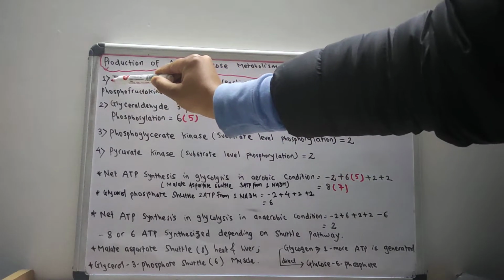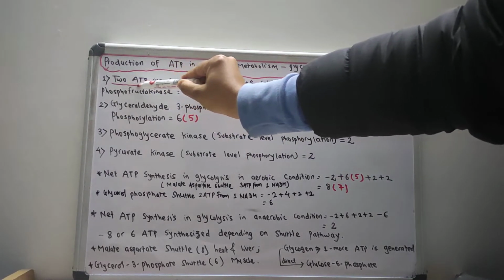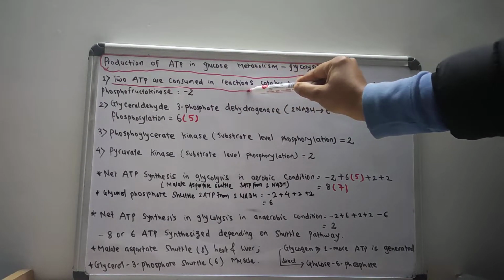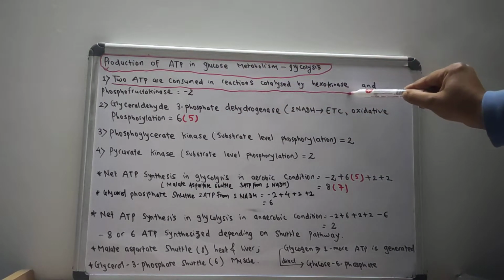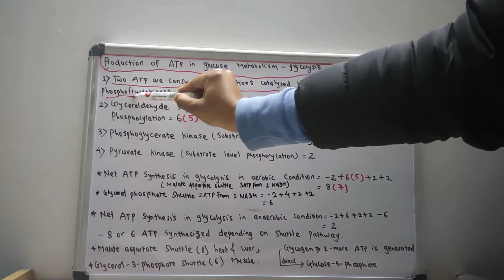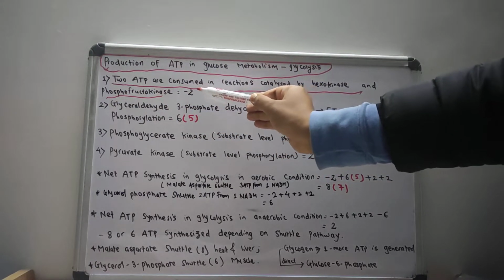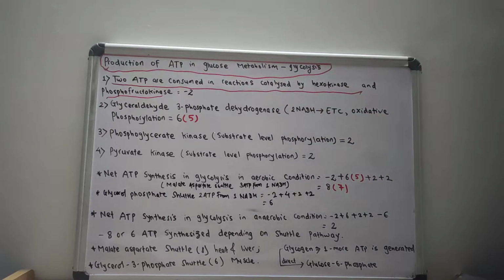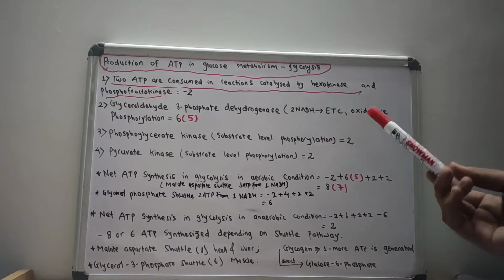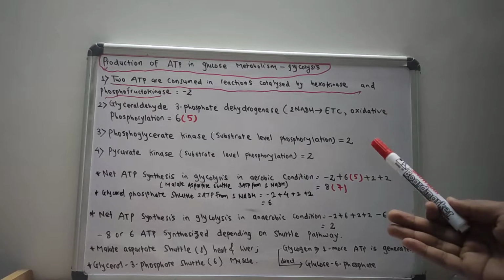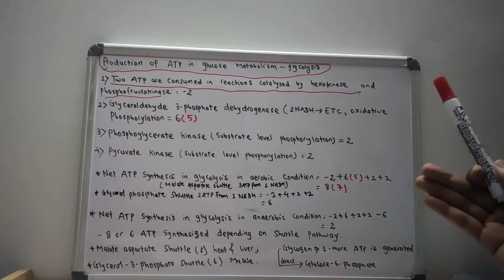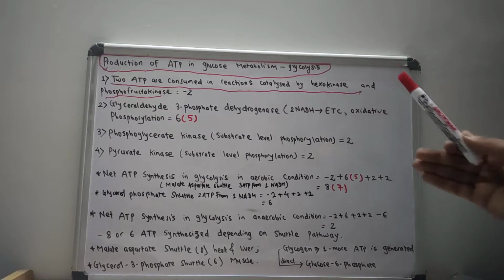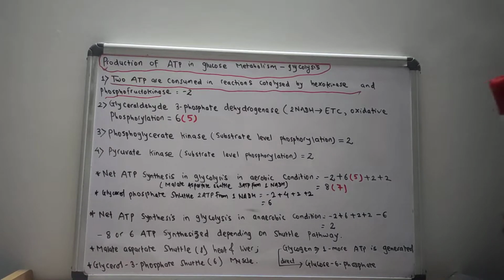In the energy consumption phase, two ATP are consumed in the reactions catalyzed by hexokinase and phosphofructokinase, that is minus 2 ATP. Now you must know the reactions. While glucose is converted to glucose 6-phosphate by the enzyme hexokinase or glucokinase, 1 ATP is consumed.